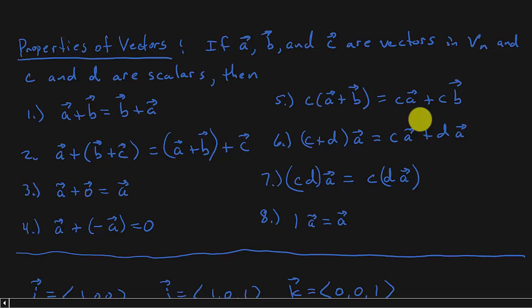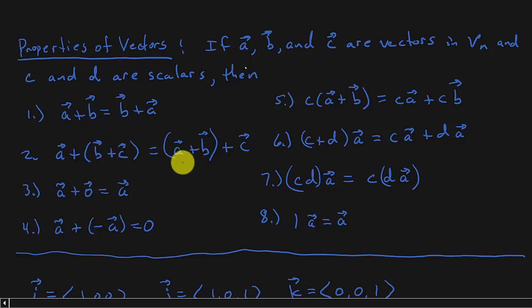All right, so we've got some more properties of vectors. So if A, B, and C are vectors in V sub n, whether it's 2-dimension, 3-dimension, and C and D are scalars, then A plus B is B plus A. Commutative property holds.